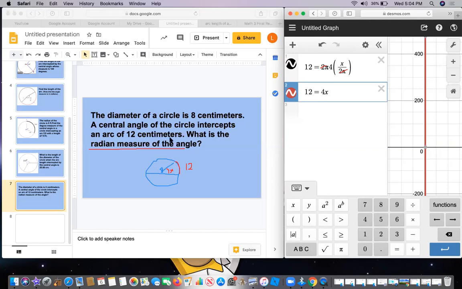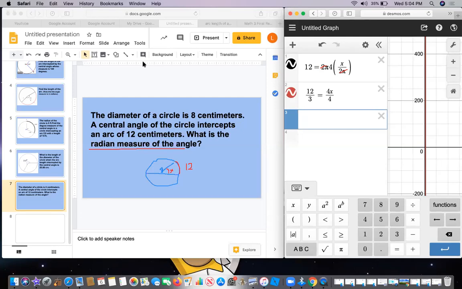Remember the 12 is the arc length and the 4 is the radius. To find the radian measure, you divide both sides by 4, and that means you cancel out.